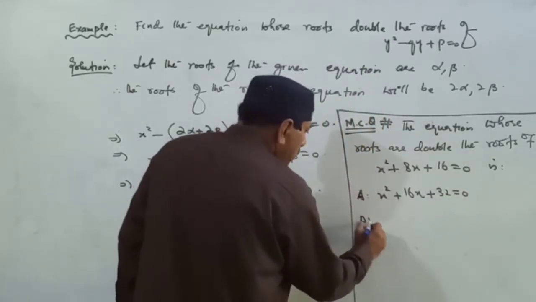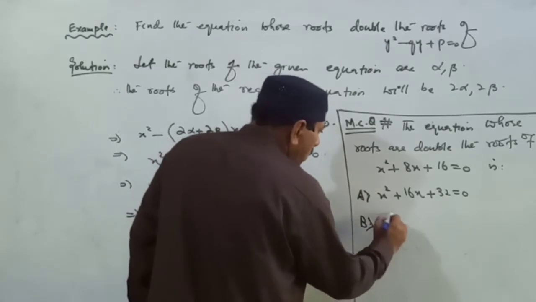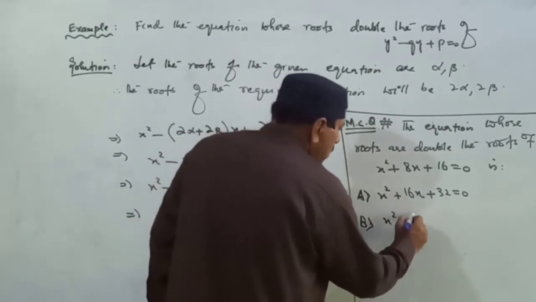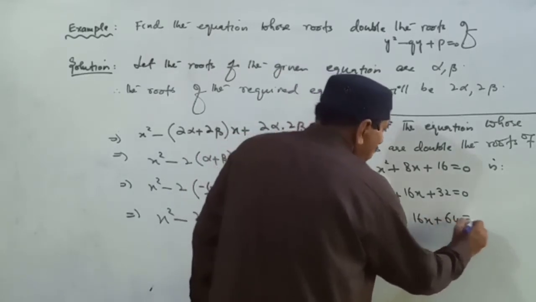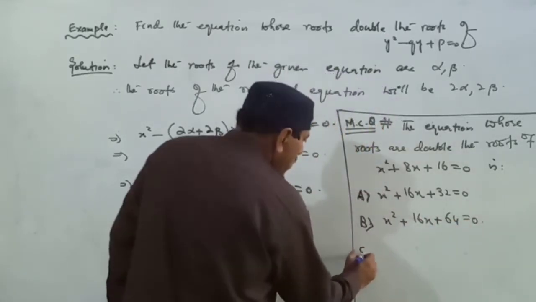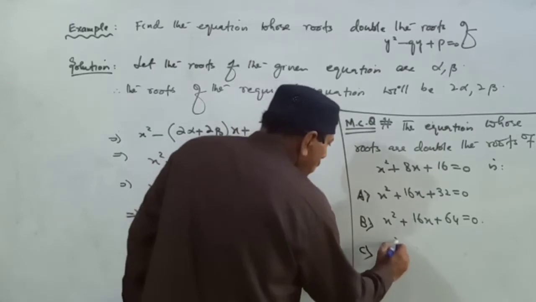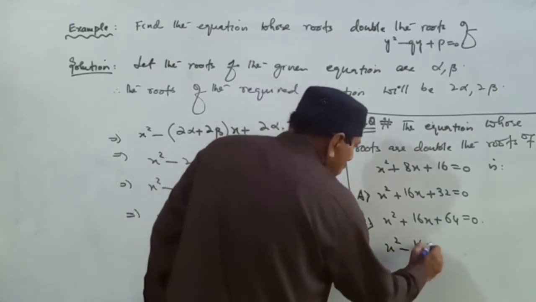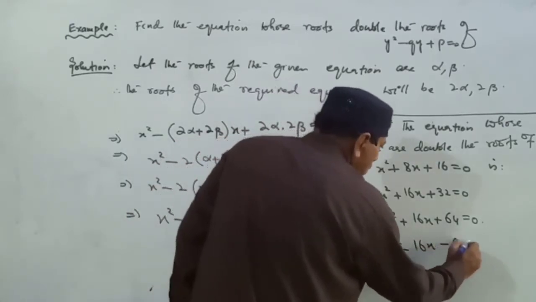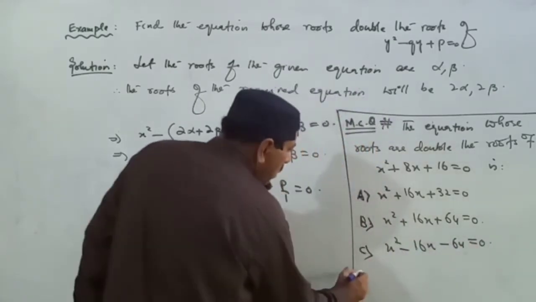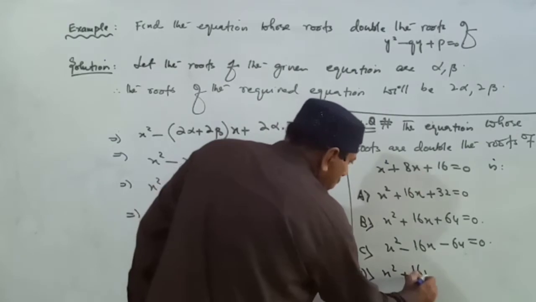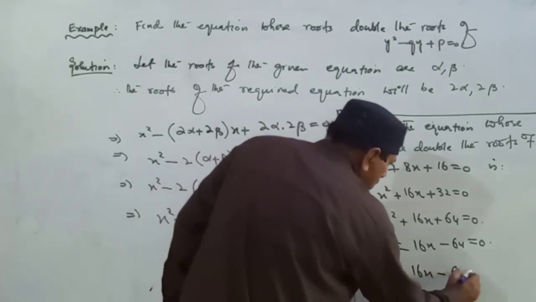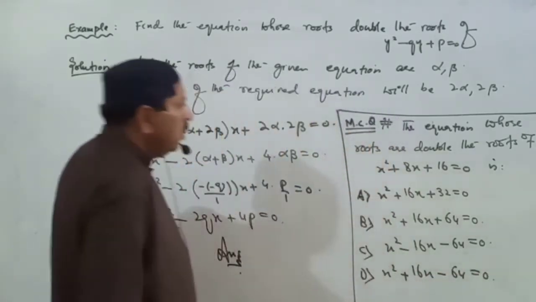B is the option, x square plus 16x plus 64 is equal to 0. C is the option, x square minus 16x minus 64 is equal to 0. D is the option, x square plus 16x minus 64 is equal to 0.